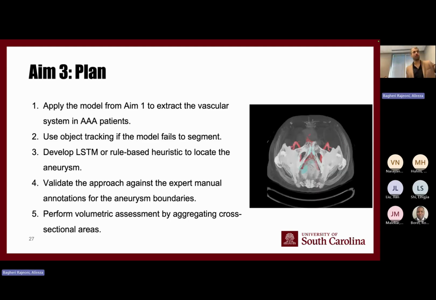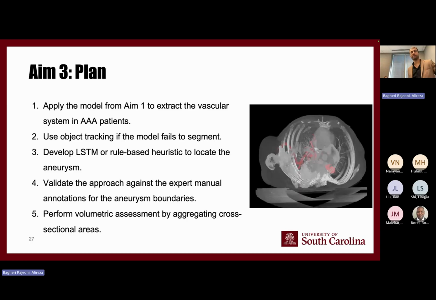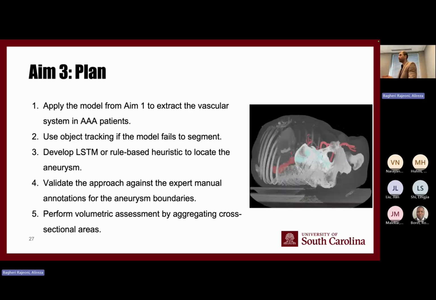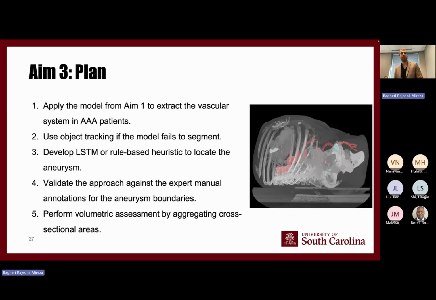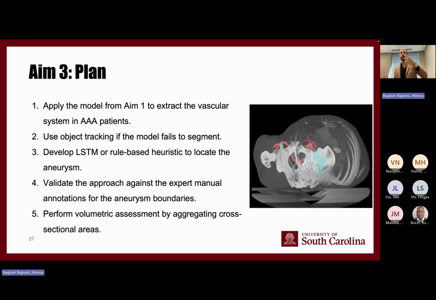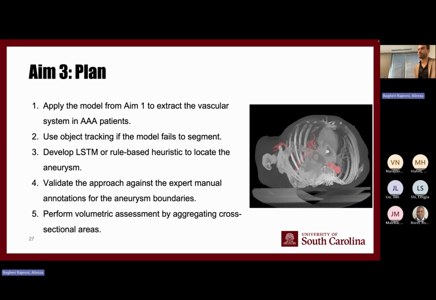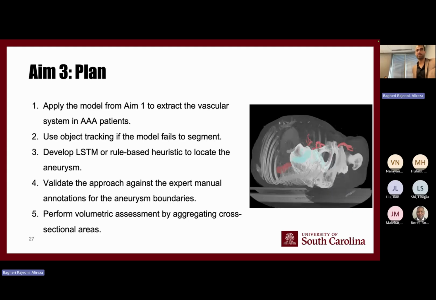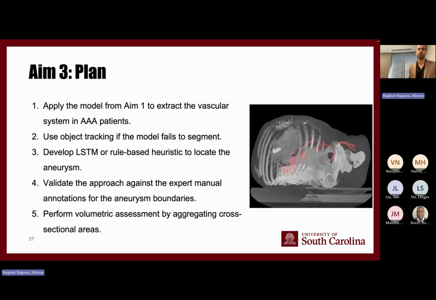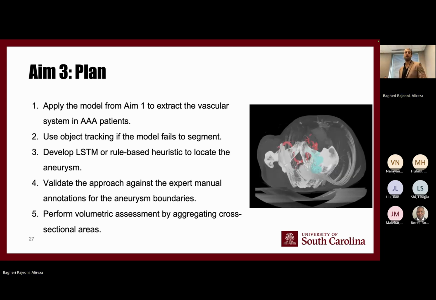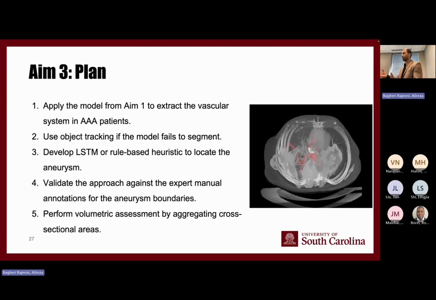So we planned to use an LSTM or a rule-based heuristic to locate the boundary of the aneurysm. Then, since we had annotation for those, we wanted to validate our accuracy against the expert manual annotation. And at the end, we can perform volumetric assessment of the aneurysm volume.